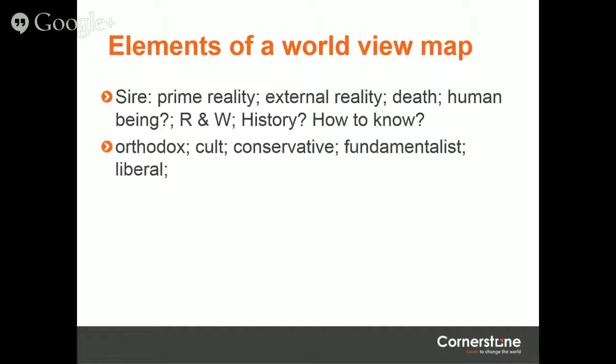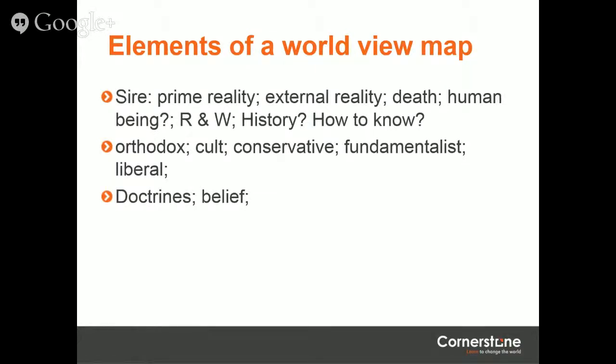Another element that is crucial to a worldview map is whether it sits on an orthodox or conservative or fundamentalist or liberal side of a curve, shall we say. Where on the rainbow does it sit? We need to know that so that we can understand where the worldview is coming from.